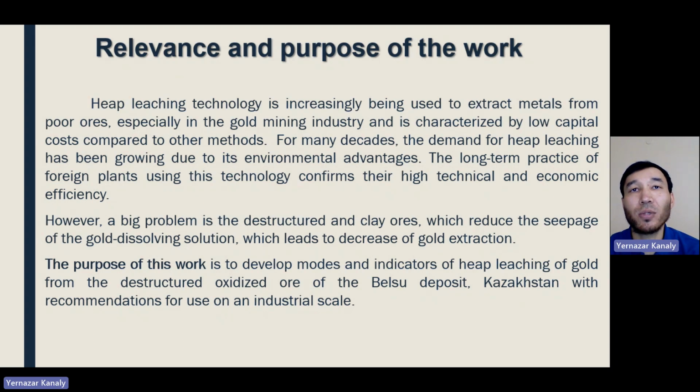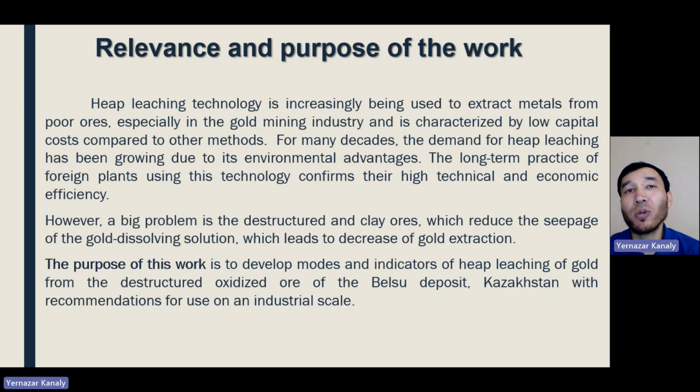The long-term practice of foreign and Kazakhstan enterprises working with this technology confirms the higher technical and economic efficiency. However, a big problem is destructured slimy and clay ores, which reduce the seepage of the gold dissolving solution, which reduces the extraction of gold.